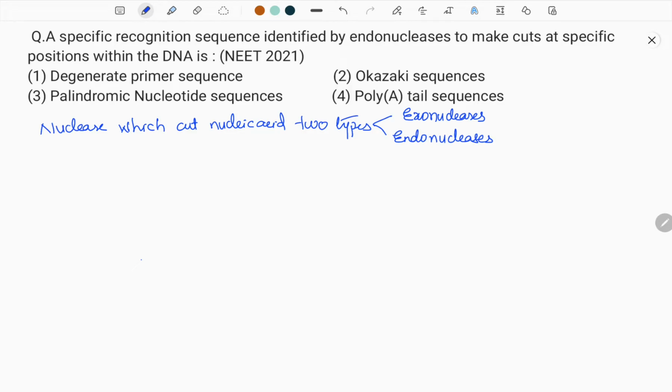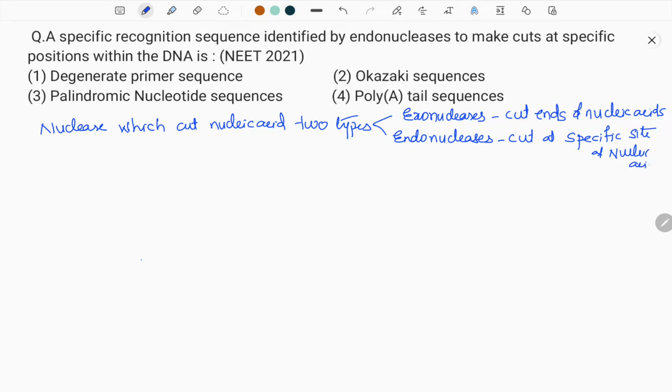Exonucleases are those which cut the ends of nucleic acids. Endonucleases are those which cut at a specific site of the nucleic acid.